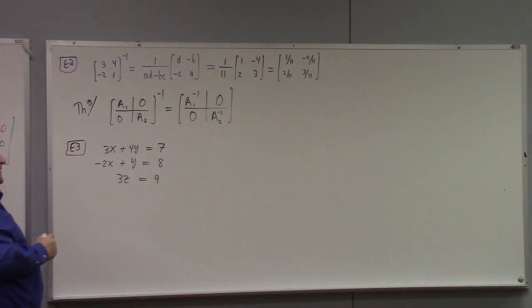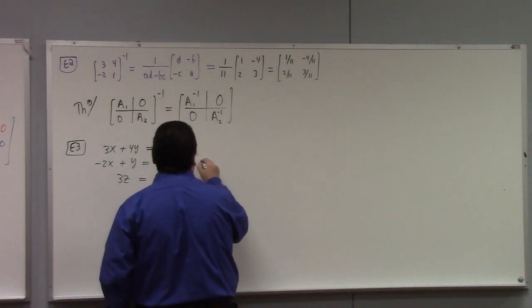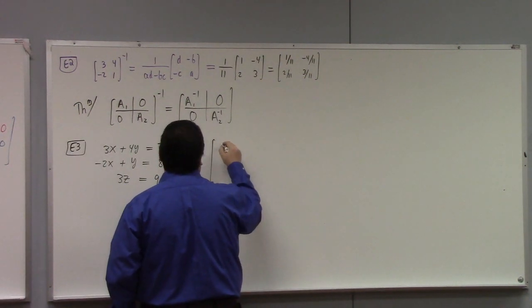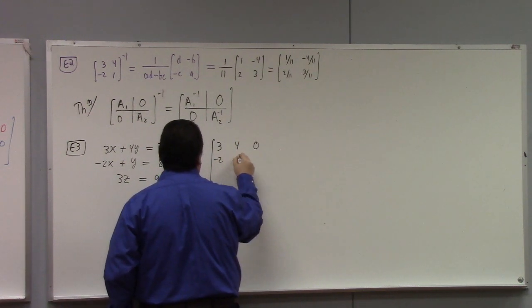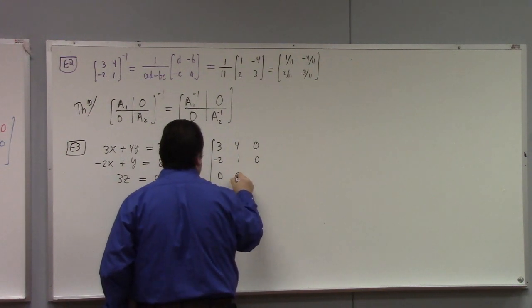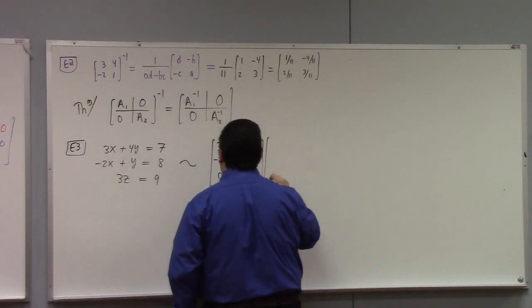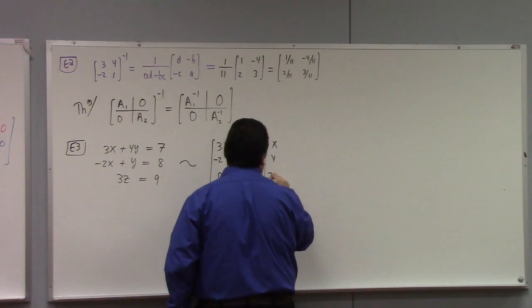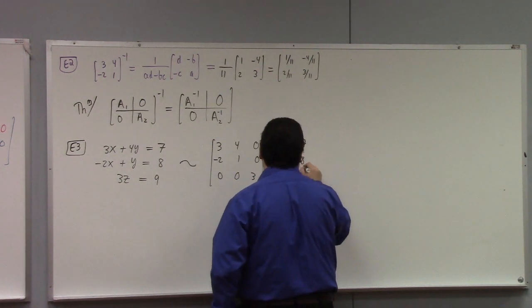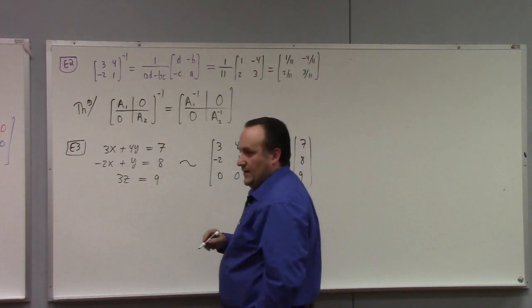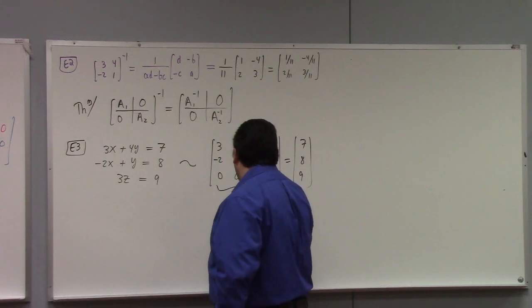Now, admittedly, that's not a very hard problem to solve, but I'd like to point out that this system we can solve with matrix multiplication. See, because this is the same as the matrix 3, 4, 0, minus 2, 1, 0, 0, 0, 3 times the vector x, y, z equal to the inhomogeneous term 7, 8, 9. Right? And this is the A, which we've just inverted.